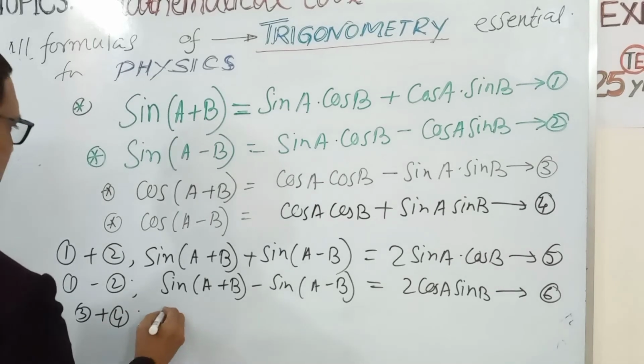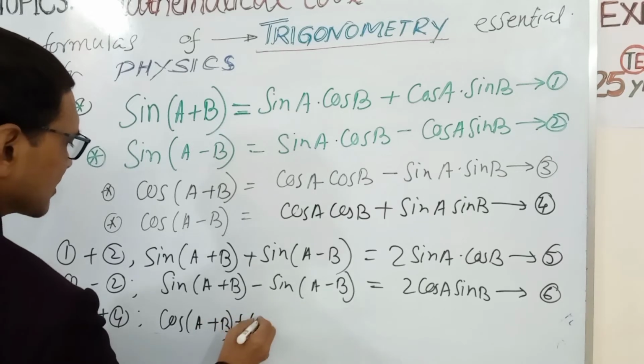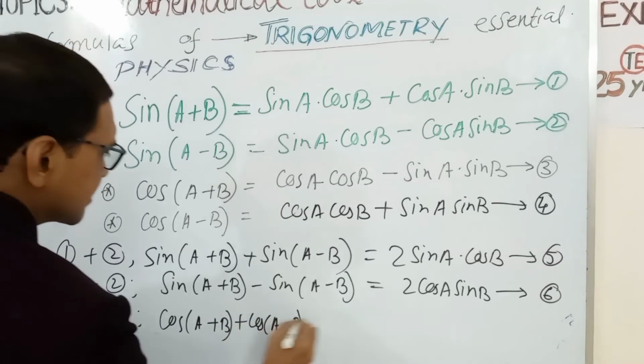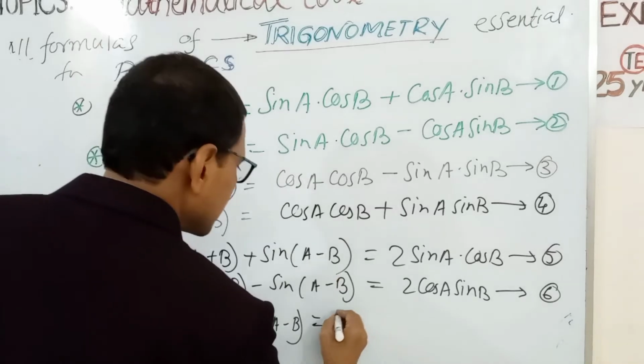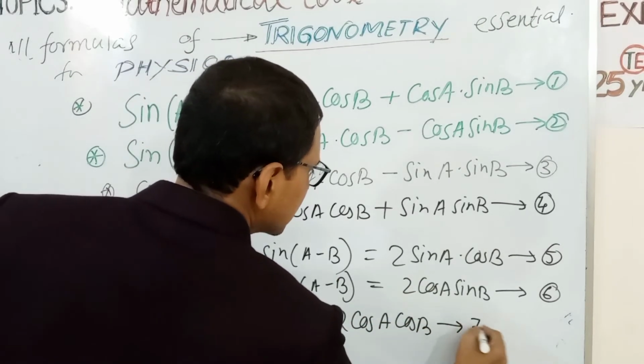So this is 6. And if we add 3 plus 4, then this becomes 2 cos a cos b, that is 7.